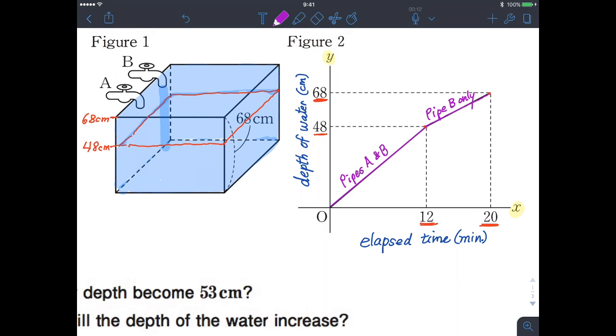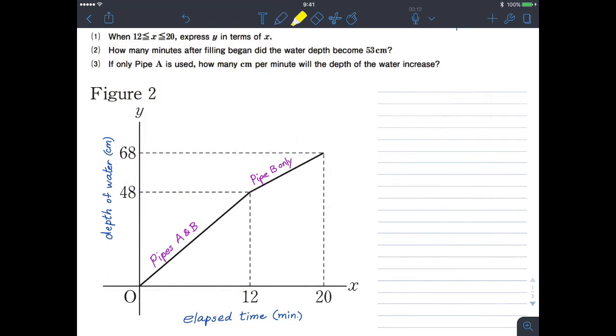Now let's look at the first question. Question 1 asks, when x is greater than or equal to 12 and less than or equal to 20, express y in terms of x. So this question asks us about the period when x is greater than or equal to 12 and less than or equal to 20. And that's referring to this portion of the graph.